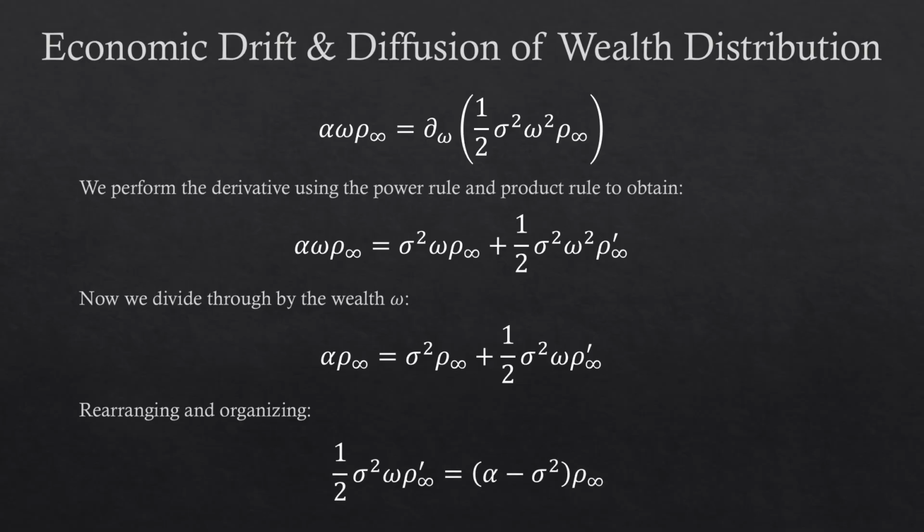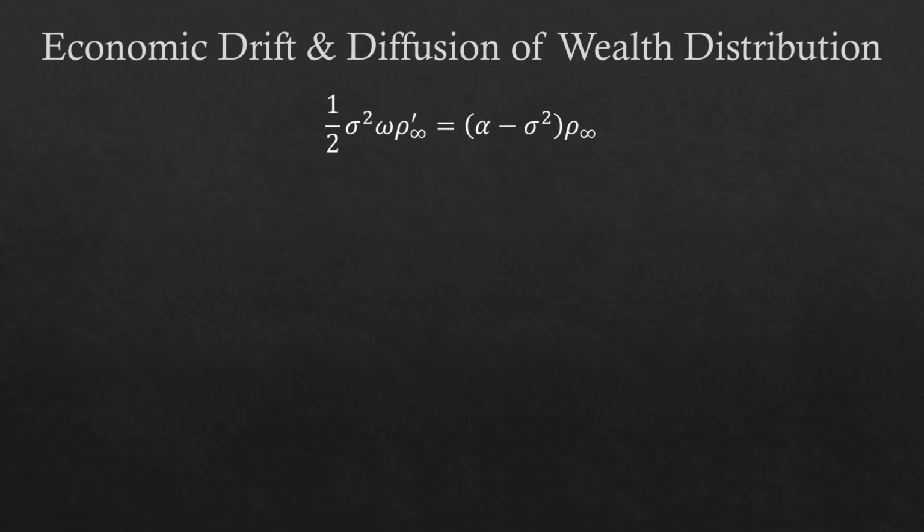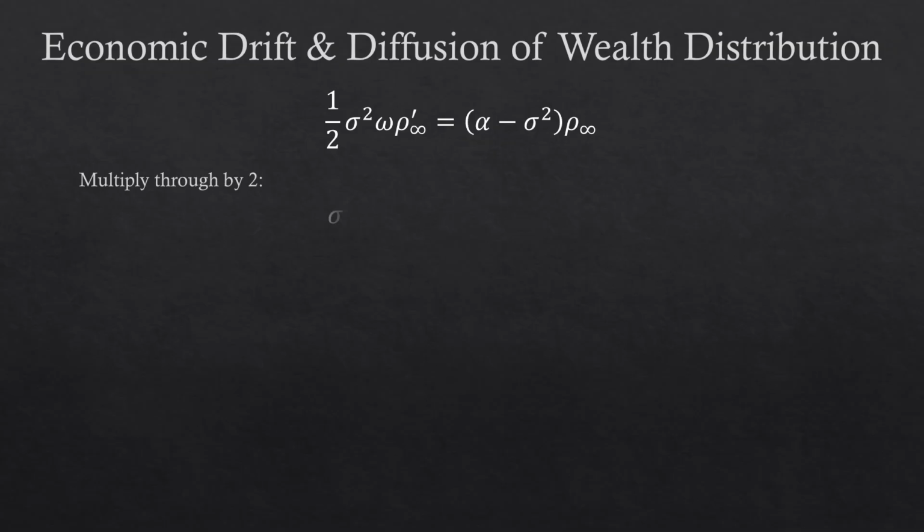1/2 sigma squared times omega times the derivative of the wealth distribution at infinity equals the constant alpha minus sigma squared times our wealth distribution. Now we multiply through by 2 to get rid of that fraction. Now we divide through by sigma squared.